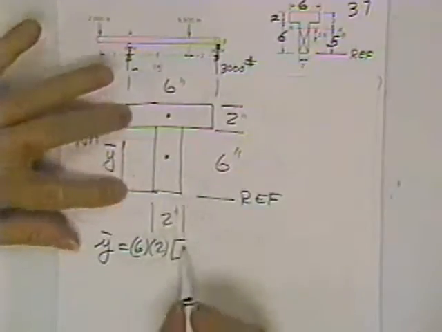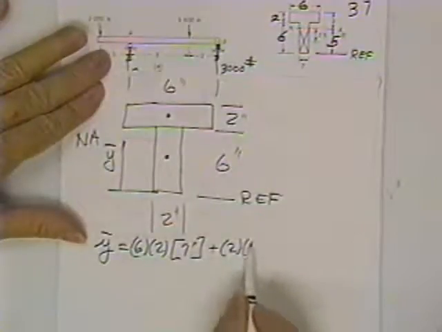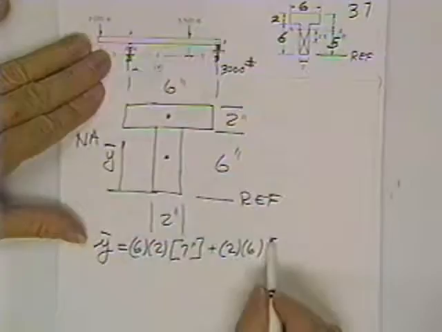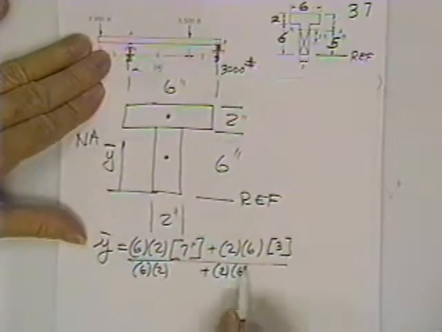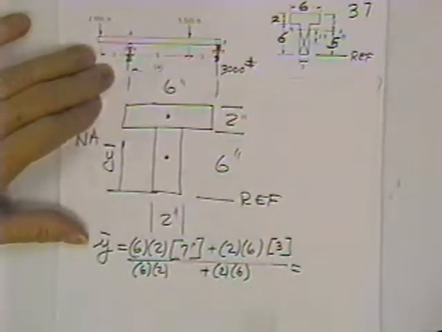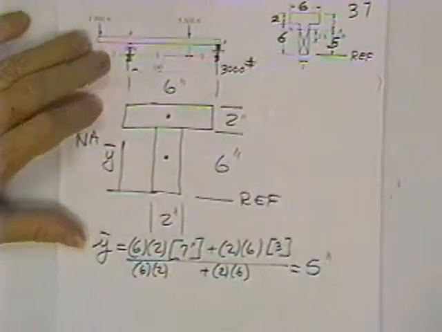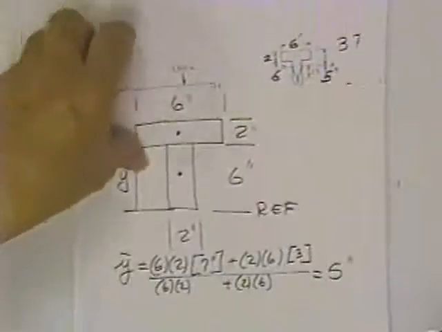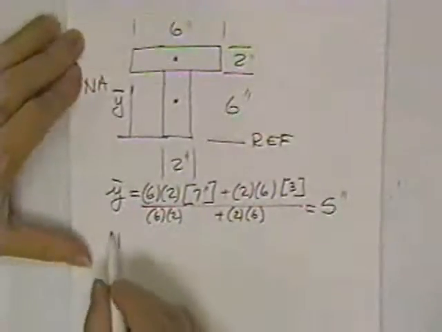Area 1 is 7 inches from the reference axis, plus a 2x6 item 3 inches up from the reference axis divided by, just write these areas down again, is equal to, and did you get a number 5? Thank you. Oh, and we knew the number because he told us it was 5, so that agrees. Now he has not told us the moment of inertia, so we'll calculate the moment of inertia.